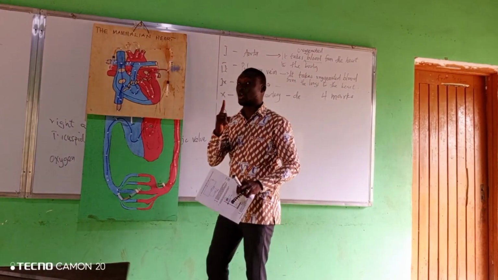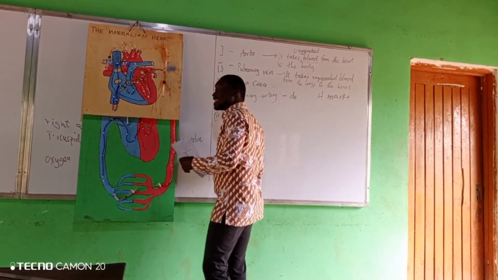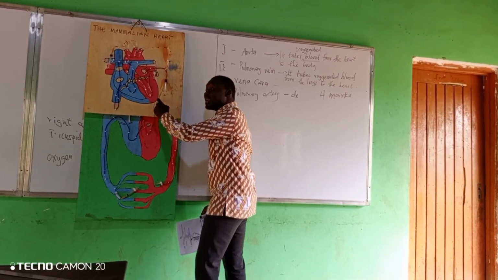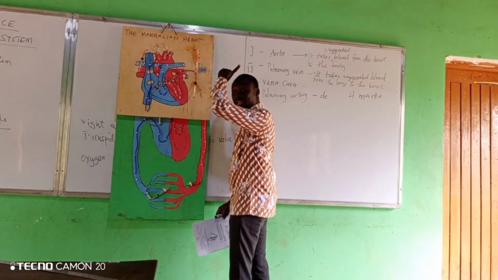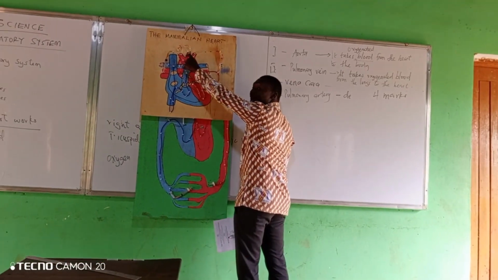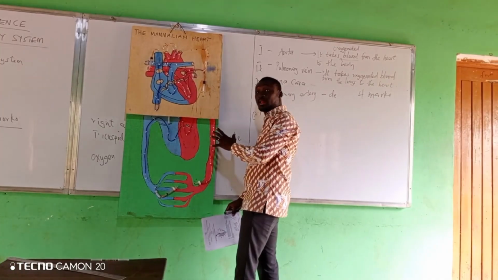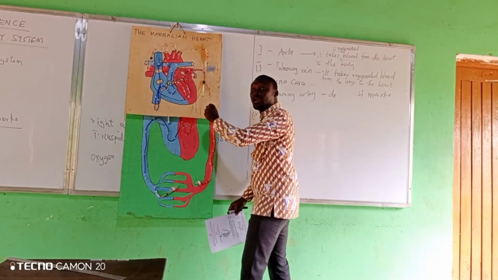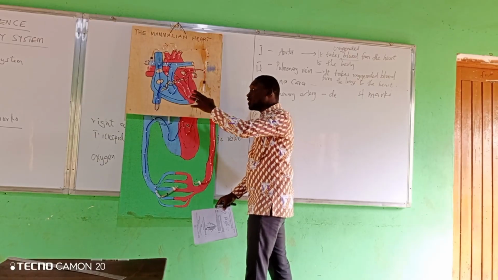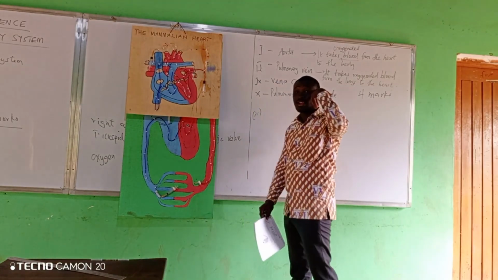When I was talking, I told you that it has a thicker muscle because it has to pump the blood under high pressure to all the other parts of the body. That's the reason why. Put it there.